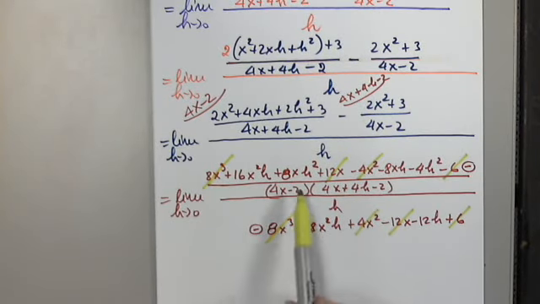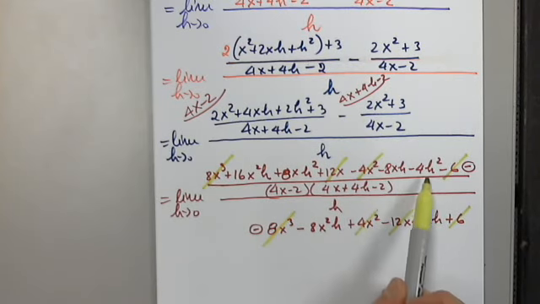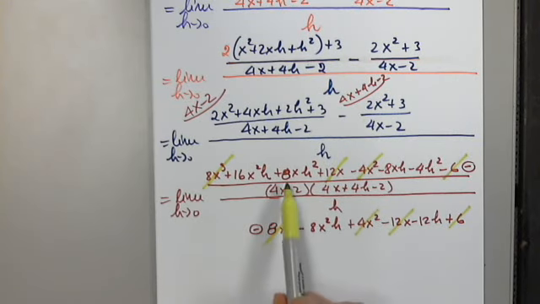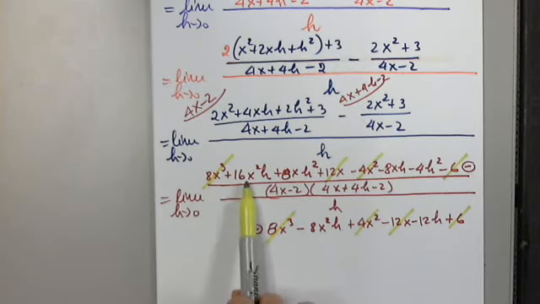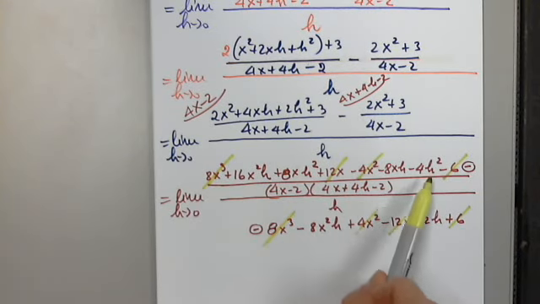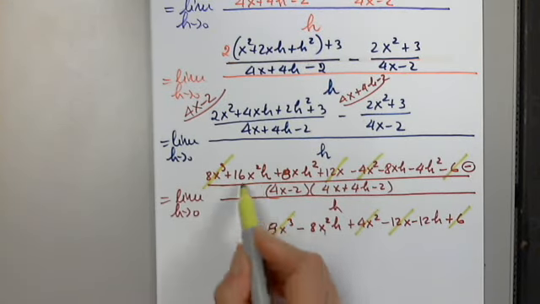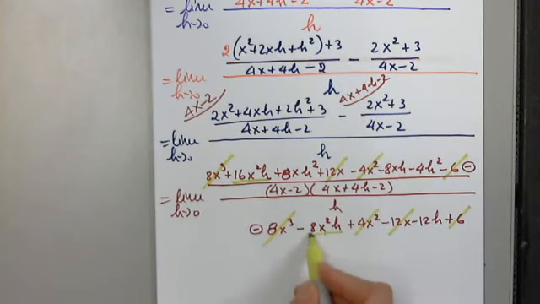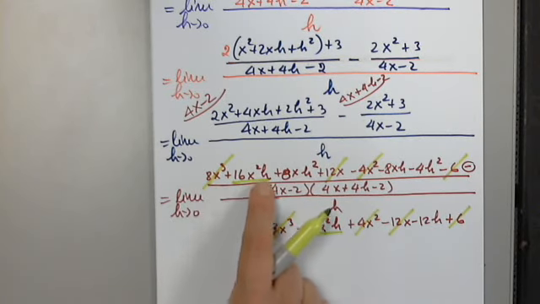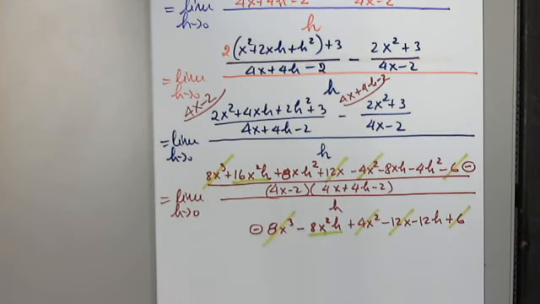Now, 16x squared h. Okay, this will be combined here. This piece will be combined with this because it's 16x squared h and negative 8x squared h. Let's see if there is anything else we can combine. I don't see anything else.